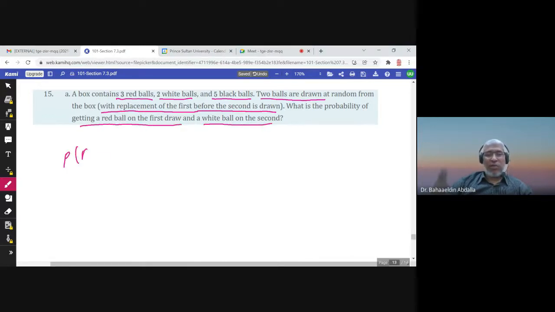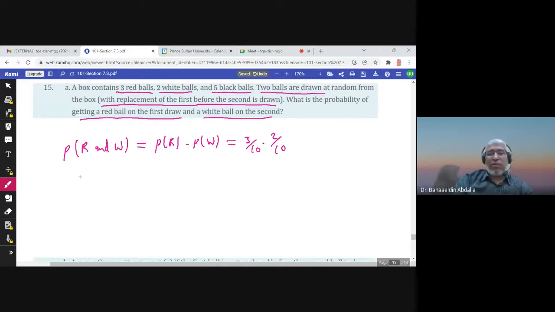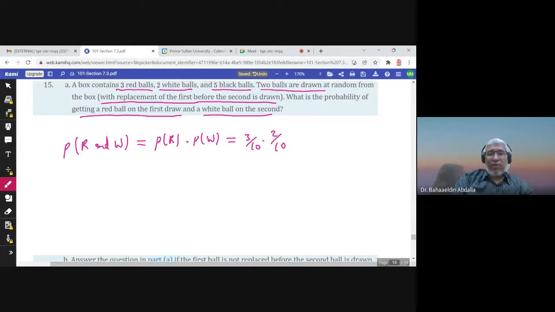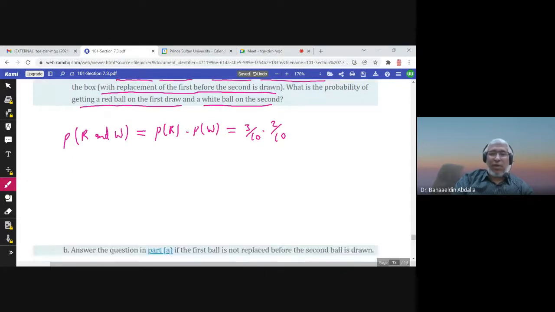So the probability of red and white would be the probability of red times the probability of white because they are independent from each other. Probability of red is 3 over 10. Probability of white is 2 over 10. Okay. Because the experiment is with replacement. 3 red, 2 white.